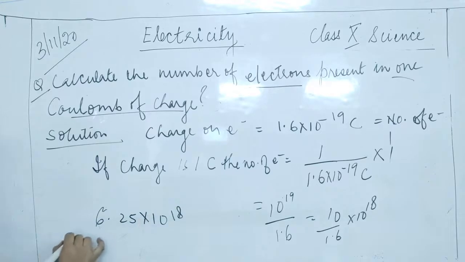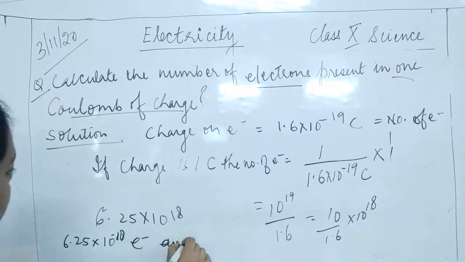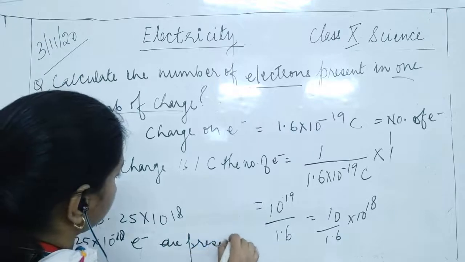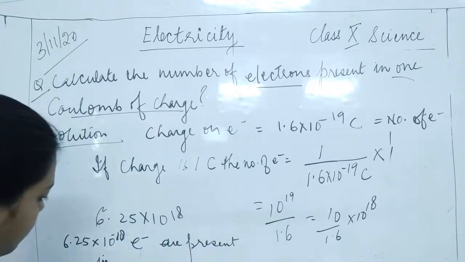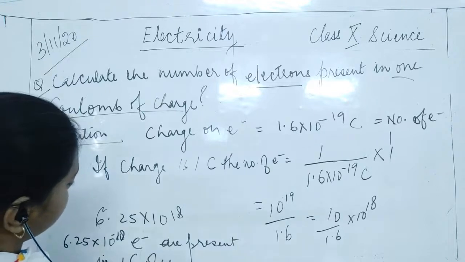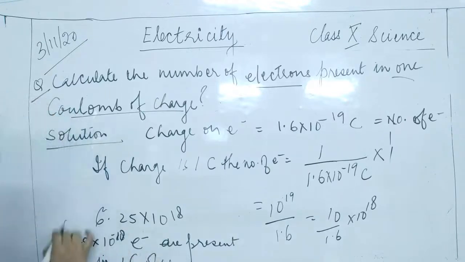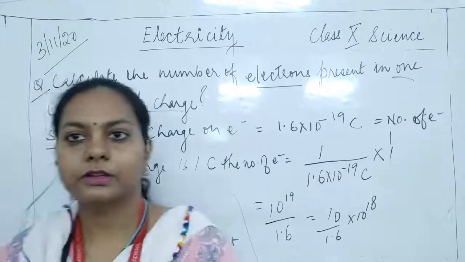So 6.25 into 10 to the power 18 electrons are present in 1 coulomb of charge.